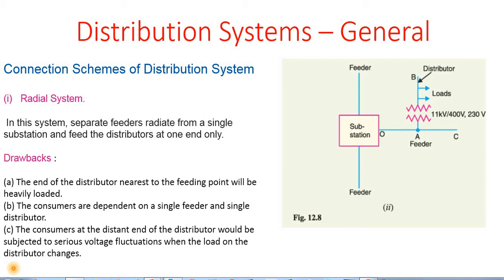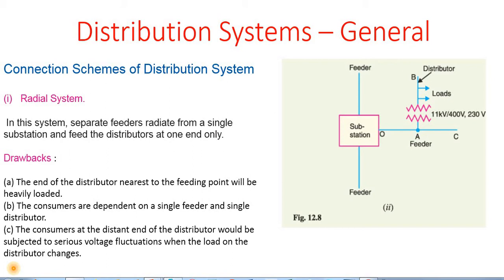Today we will look over the distribution systems and their connection schemes. Connection schemes means their architecture, in which configuration different distribution systems are connected with the consumers.